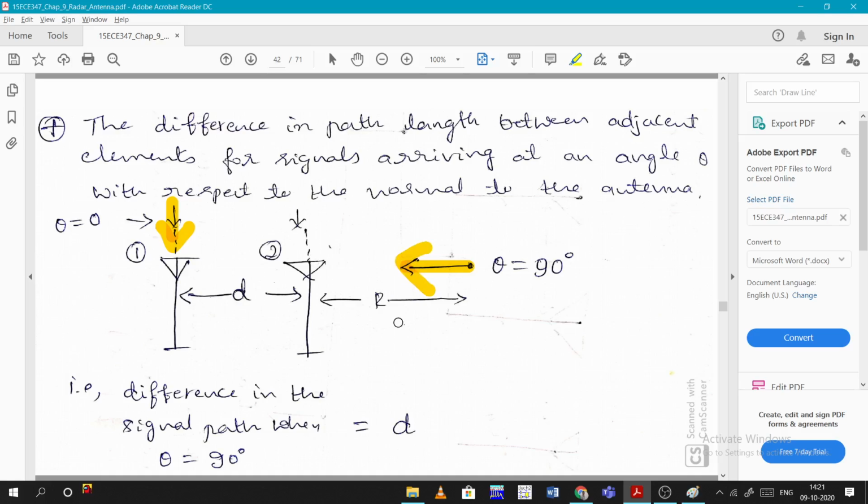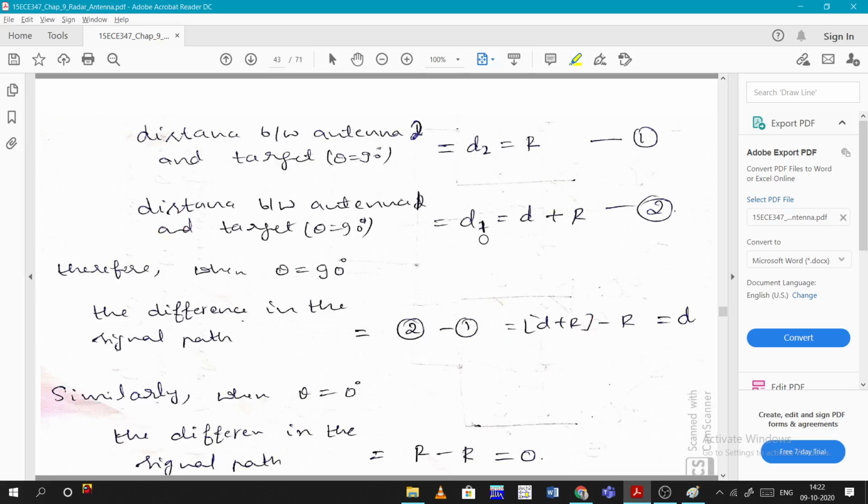So let us take 90 degrees for now. We can see that this target is at a distance of r from antenna 2, and from antenna 1 it is at a distance of d plus r, right? When theta is 90, to find the difference between the signal paths, we need to subtract these two, d1 minus d2.